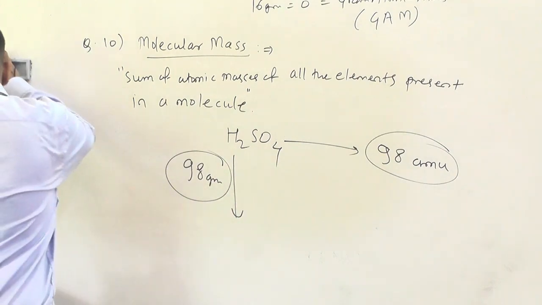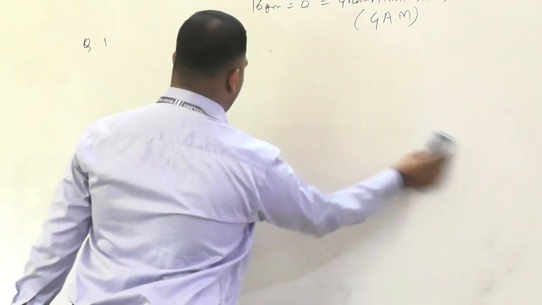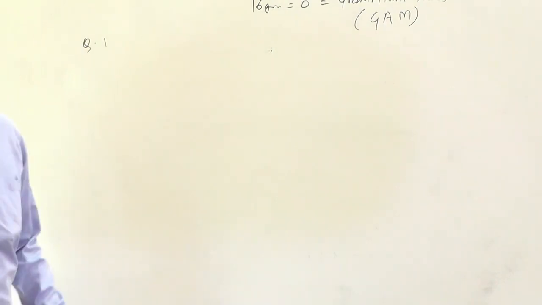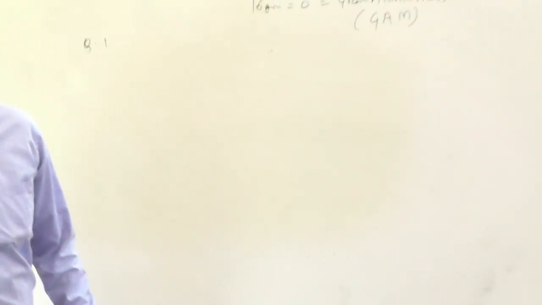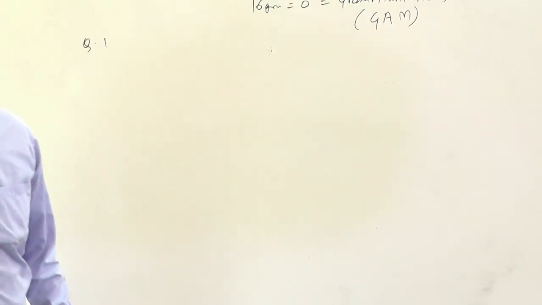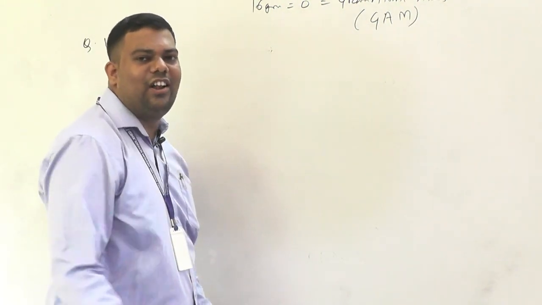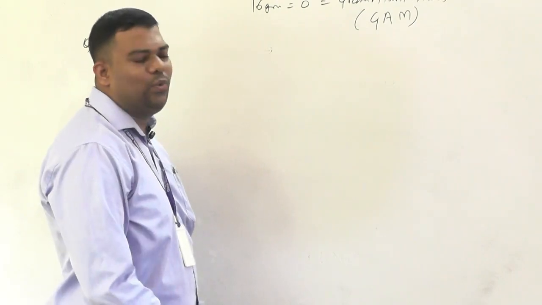Now we will move towards our question number 11. What are they saying here? What is an ion? And write symbols of calcium and aluminum ions. Ions and all definitions, you know this.